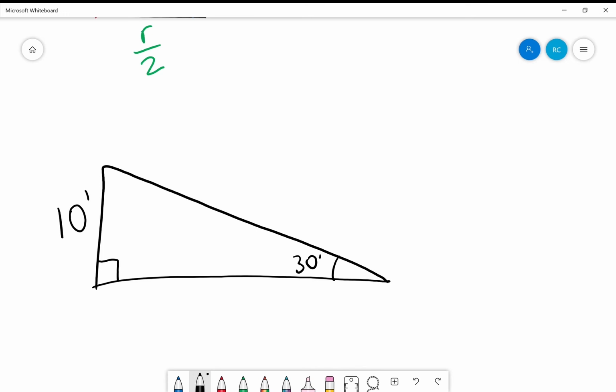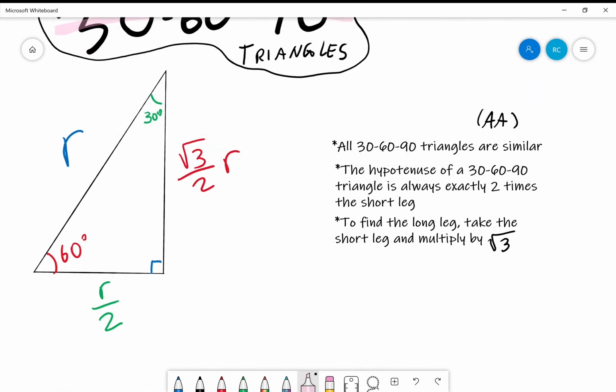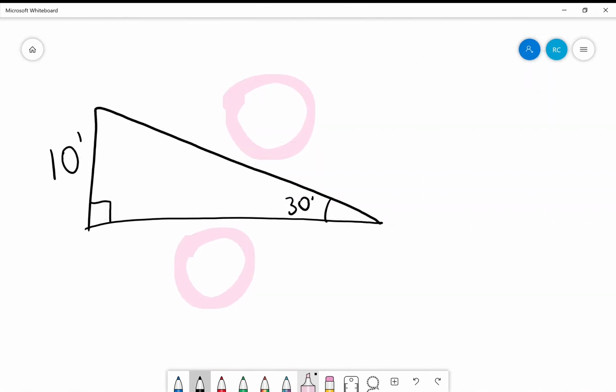The short side is 10 feet. And I want to find those two sides. Well, again, I don't have to do any serious math. I know from our notes that the hypotenuse is twice the short leg. So whatever the short leg is, the hypotenuse is going to be twice that.